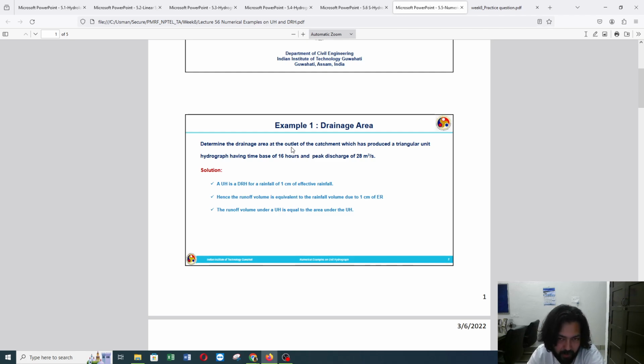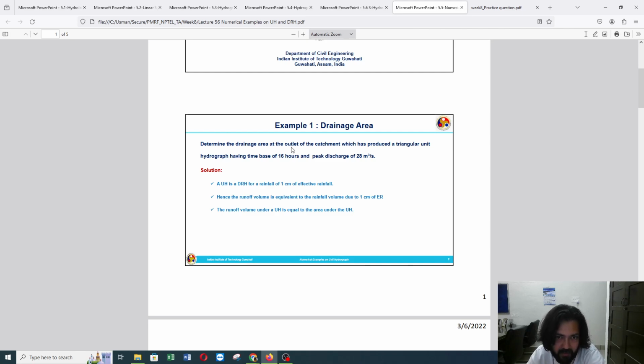In order to calculate the volume of DRH, we need to calculate the area under the curve. Here they are saying that it is a triangular unit hydrograph having base of 16 hours and peak discharge of 28, right? So the base is 16 and height is 28. If we calculate the area of this triangle, we can get the volume of DRH.